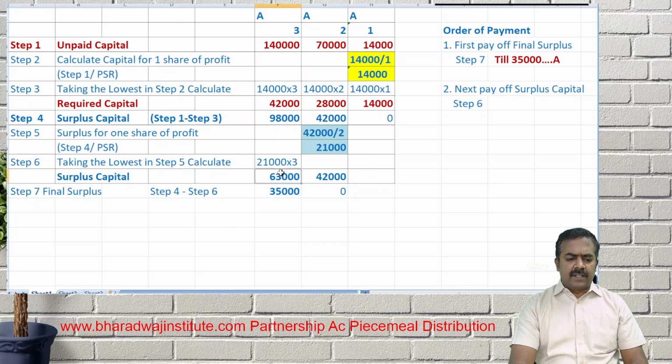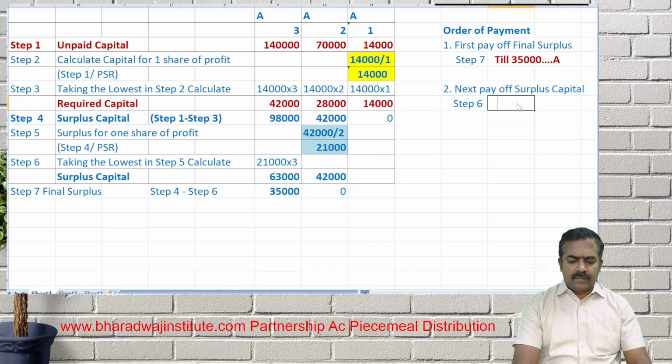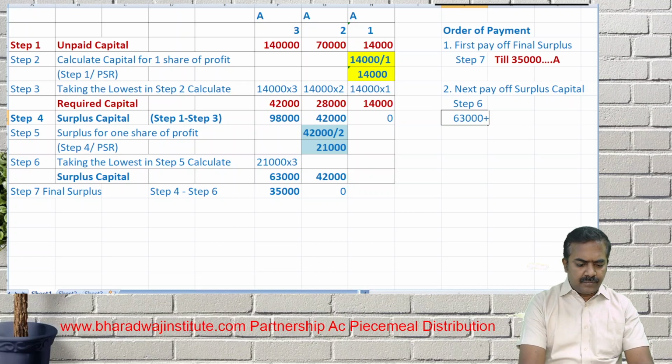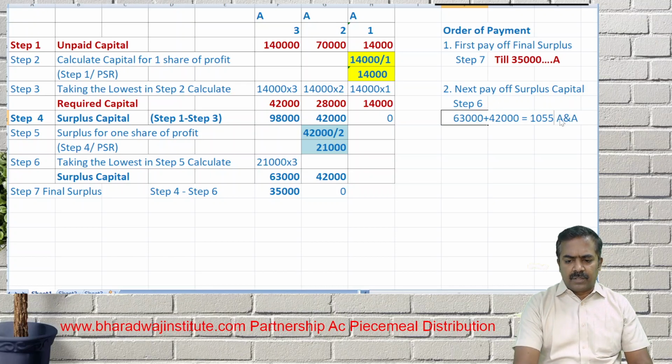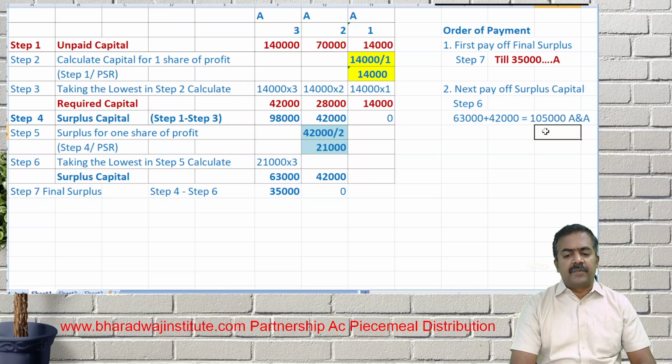Look at step 6, surplus capital: 63,000 plus 42,000, total 1,05,000. It will be paid to the first partner and second partner, in the profit sharing ratio.